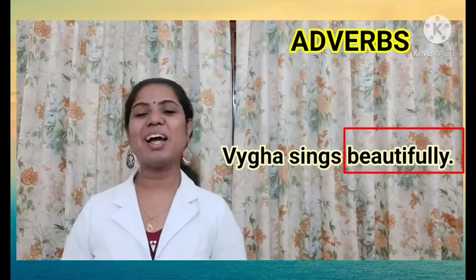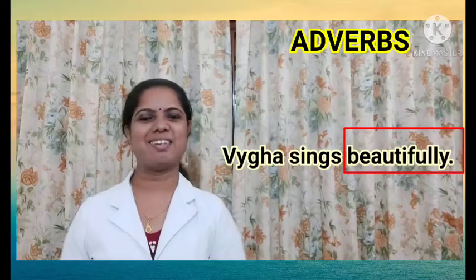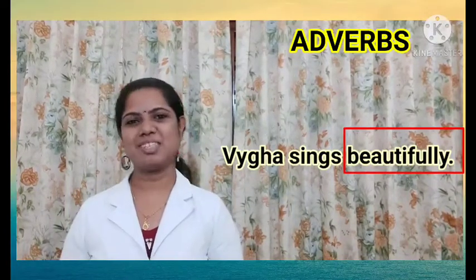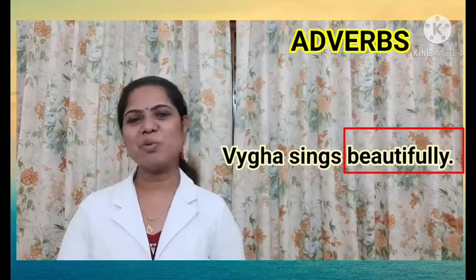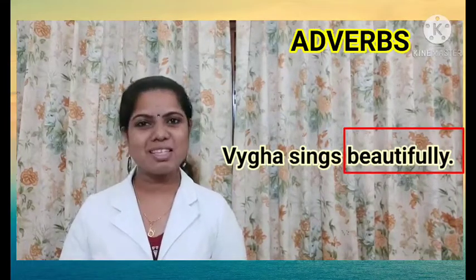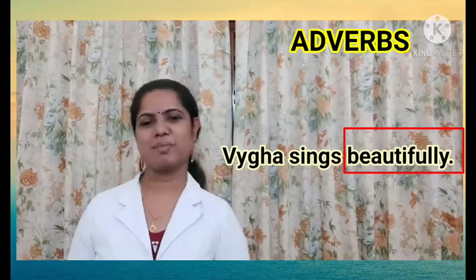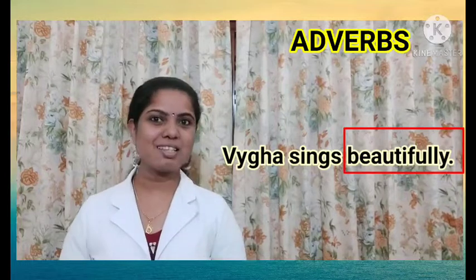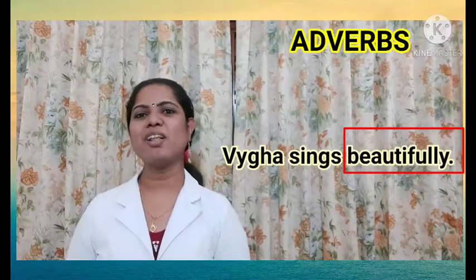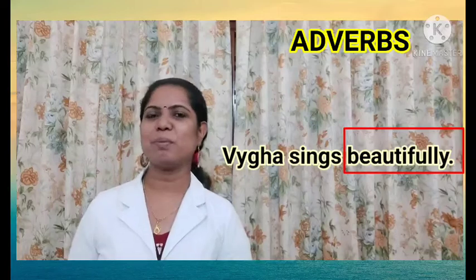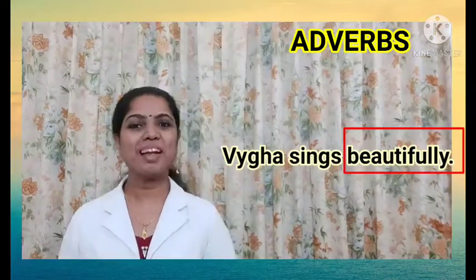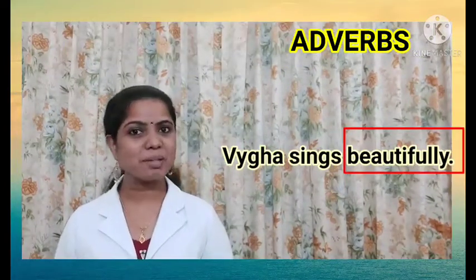And how can you identify an adverb in a sentence? From the word adverb itself you get the meaning. Adverb. It means it tells more about the verbs. Something that tells more about the verbs is called an adverb. Add, it gives additional information about the verbs. In this example, Vaiga sings beautifully.